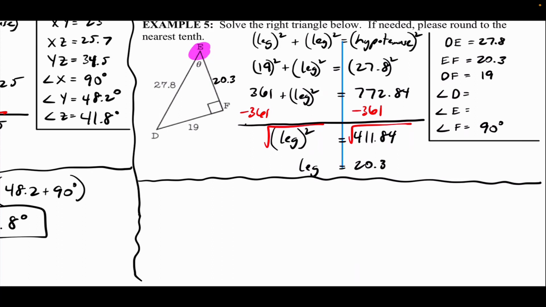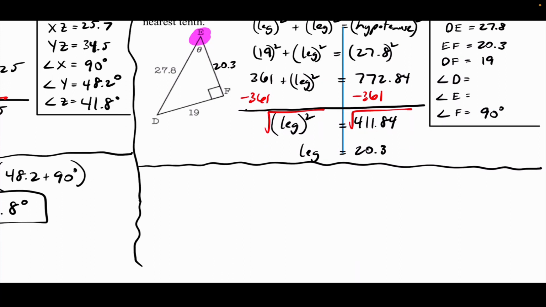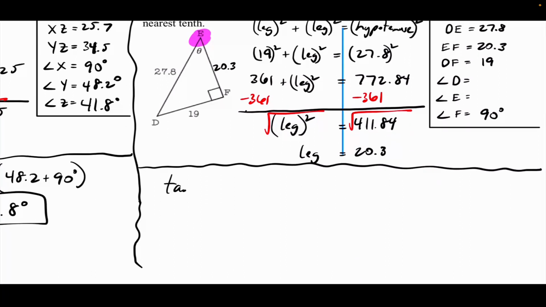Sine, cosine, or tangent? Any of them. Doesn't matter. I'll use tangent. I haven't used tangent today, so I'll use tangent just to put in your notes. So tangent is opposite over adjacent. So opposite is 19 over adjacent 20.3. So tangent of E, since I don't know E, opposite over adjacent.